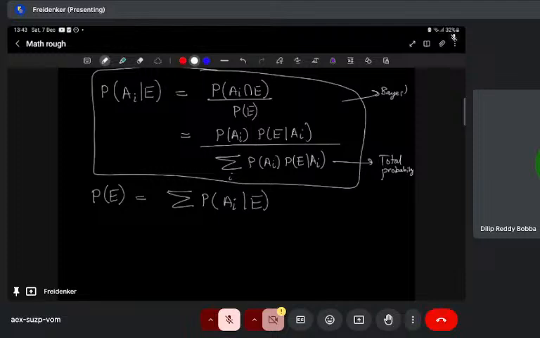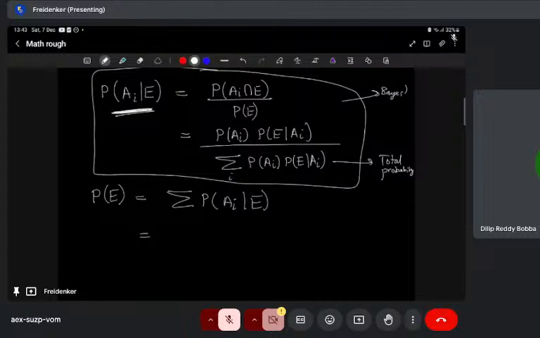So probability of E is summation of all of this. Why? Because they're all mutually disjoint. Chatterjee coming in, introducing co-education. Iyengar coming in, introducing co-education. No, that is not what this means. The meaning of this is the probability that Chatterjee was selected given co-education is introduced.